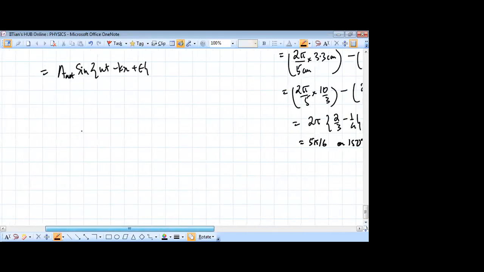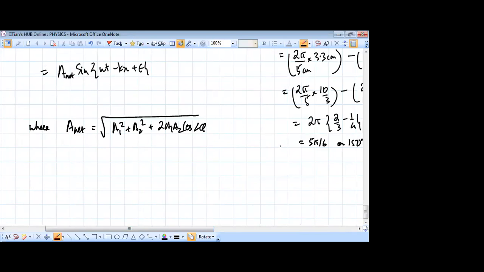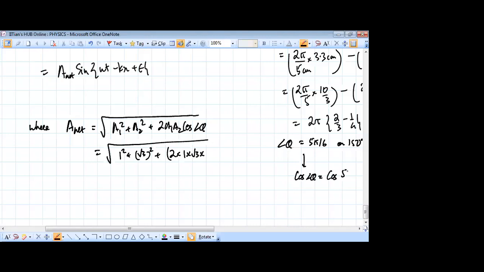See that, and delta phi is this. So it is 1 square plus root 3 whole square plus 2 into 1 into root 3 into cos delta phi, which will become cos 5 pi by 6.